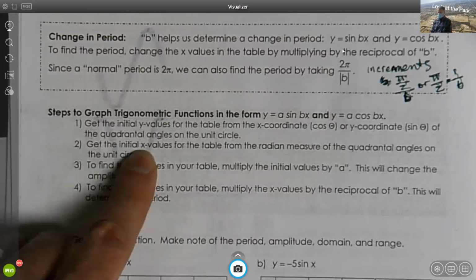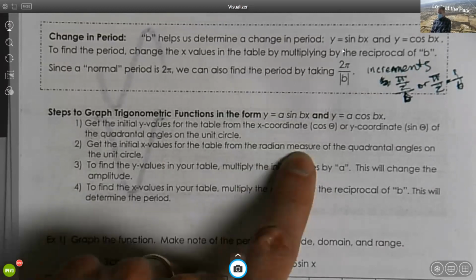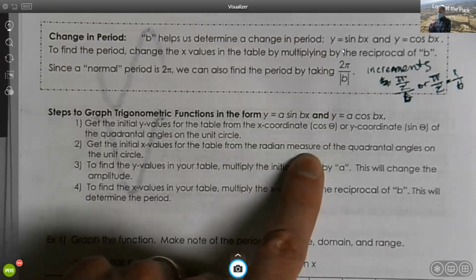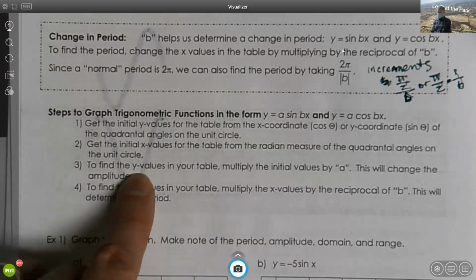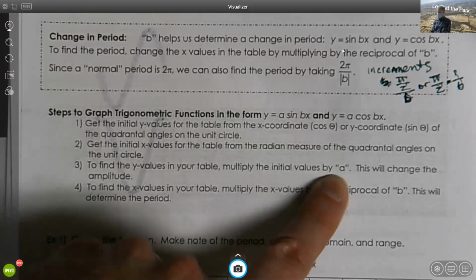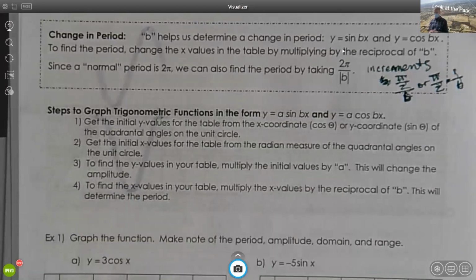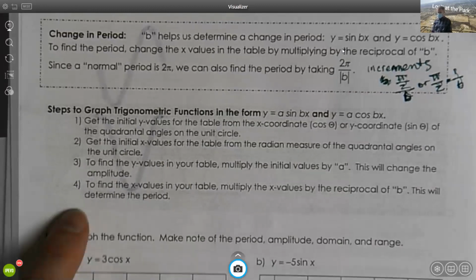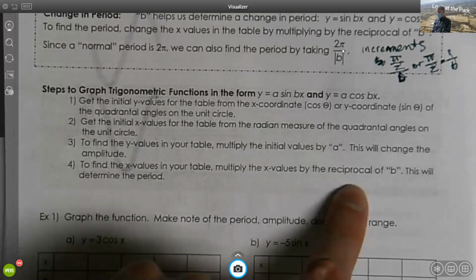We're going to get the initial x values from the table of our radians for each of the quadrantal angles. We're going to find the y values in the table by multiplying the values by a. We're going to look at the stretch after we do our parent function. And we're going to find the x values by working with the reciprocal of b.